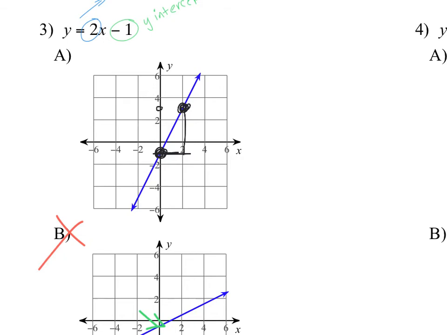So it goes from 3 to -1, right? So that rise is 4. And the run goes right here from 0 to 2. So the run is 2. So 4 over 2 simplifies to a 2. We do have the correct slope, so that is going to be option A.